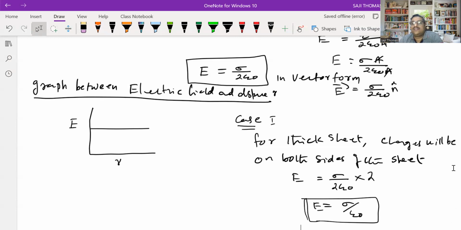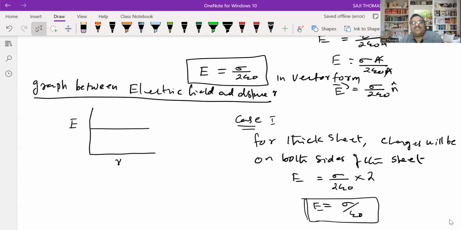Okay. So this derivation is very important from the examination point of view. So what we have seen is that electric field intensity near a uniformly charged thin sheet is independent of the distance on either side, right?